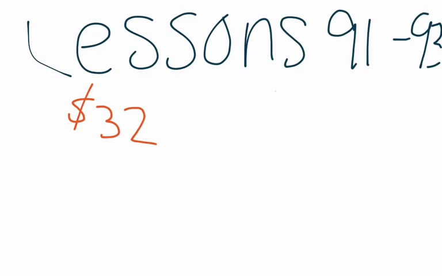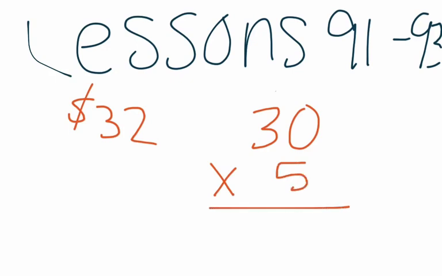I know that 32 is really close to 30. I also know that he's trying to buy 5 tickets. I'm going to go really slow because we're doing this together.